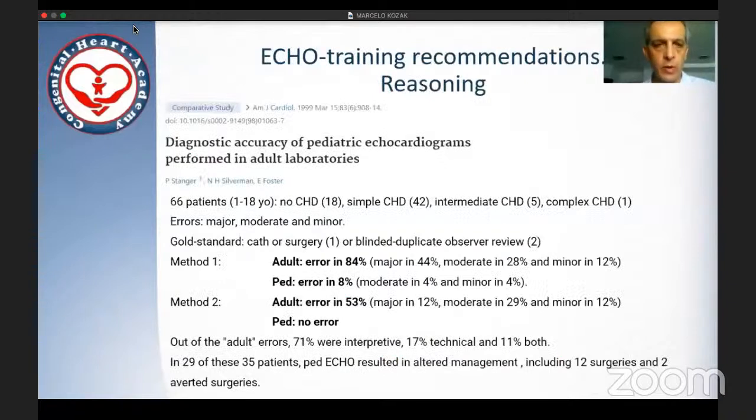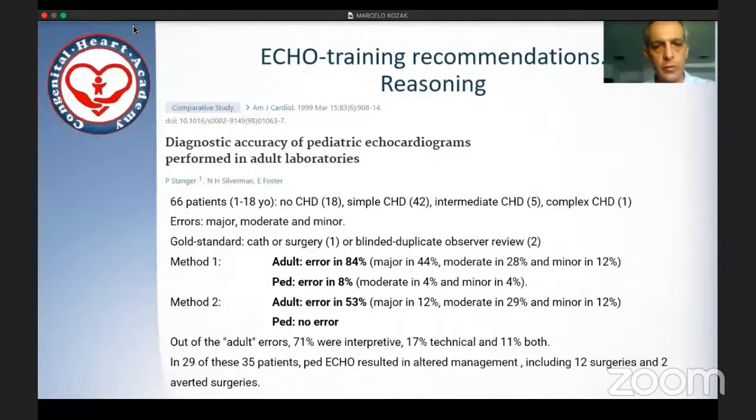So why am I talking about guidelines for recommendations of training? There's a reason for that. This paper, published in 1999 and carried out in the USA, assessed the diagnostic accuracy of pediatric echocardiograms performed in adult laboratories.